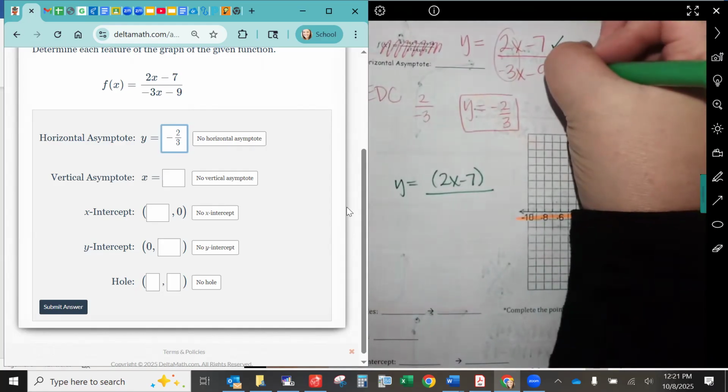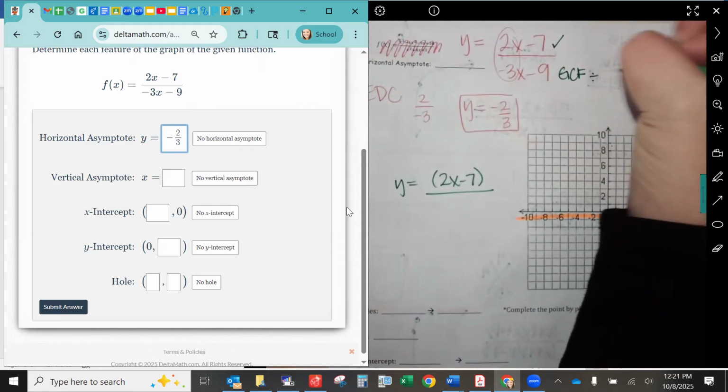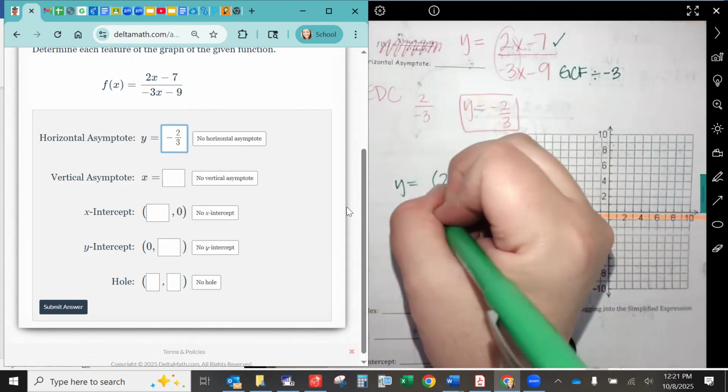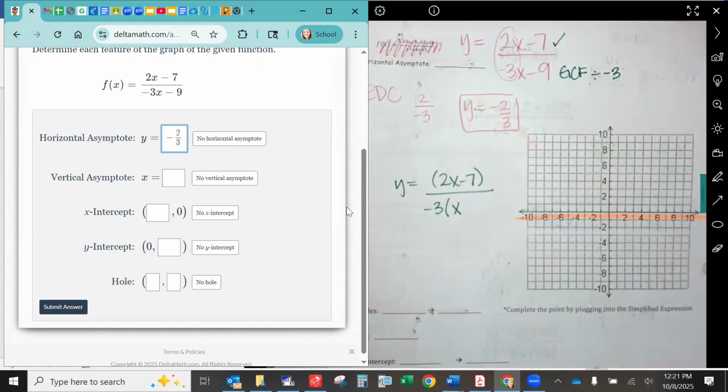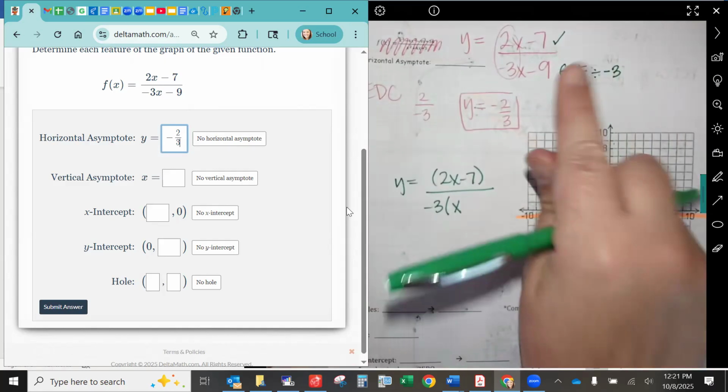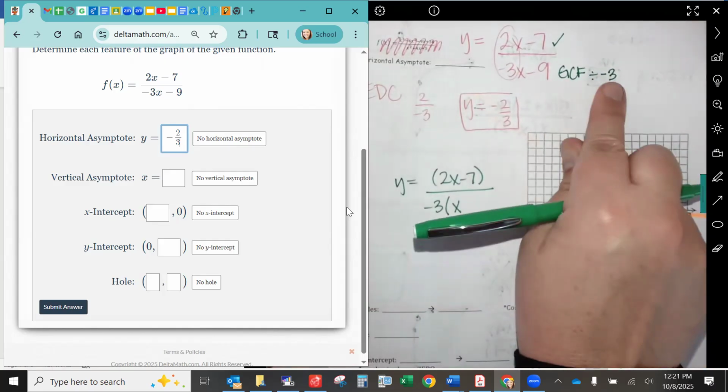Okay, GCF out what? Take out a negative. Remember, if the front one's negative, you want to pull that out. So my -3 is going to come out. My x is alone now. What's going to happen to my -9 when I divide by -3? -9 divided by -3.